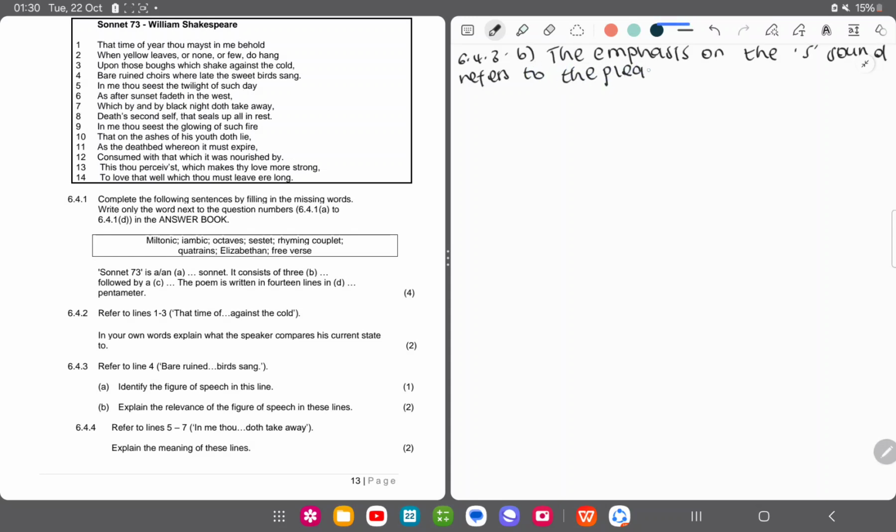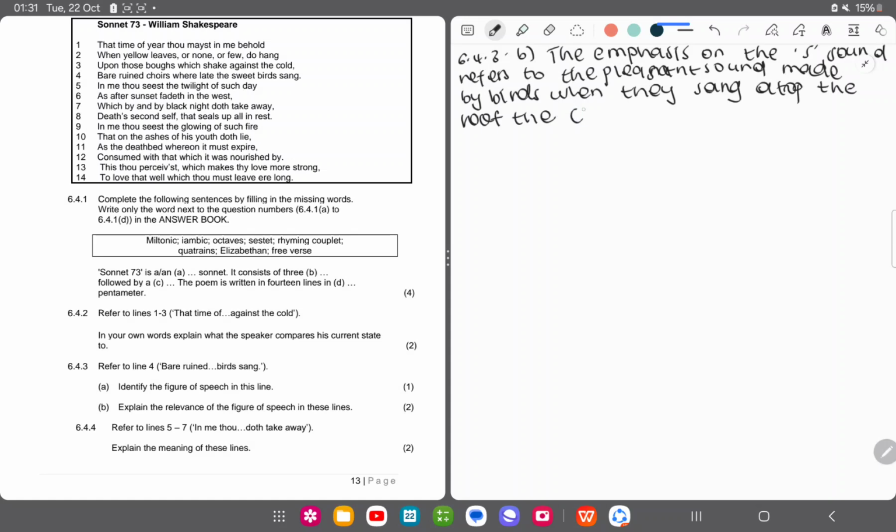We are told that birds were singing there, so we can say the pleasant sound made by birds when they sang atop the roof of the church.